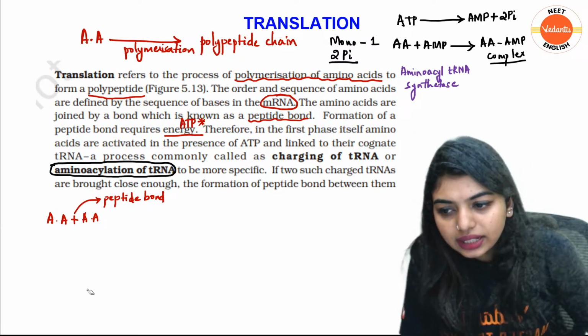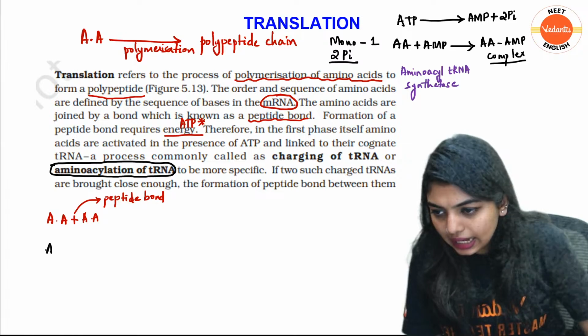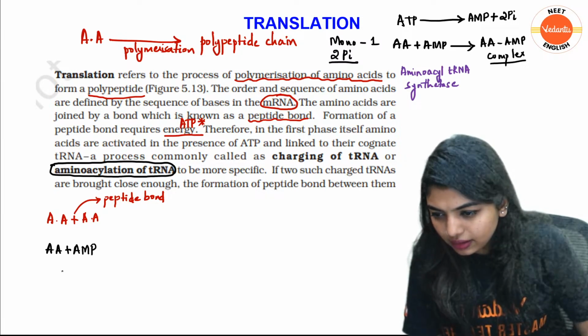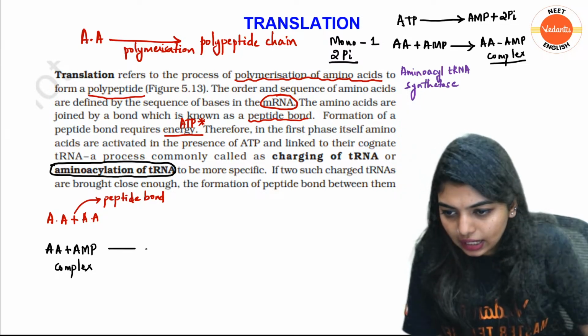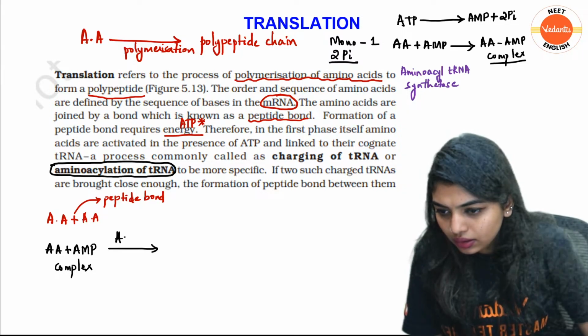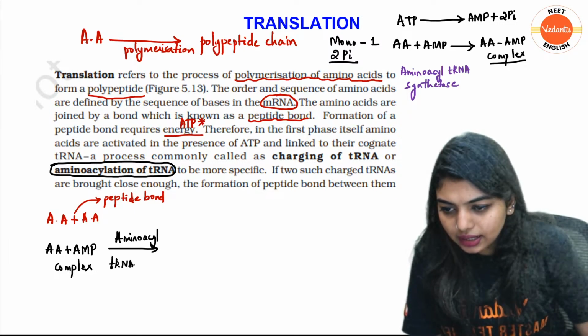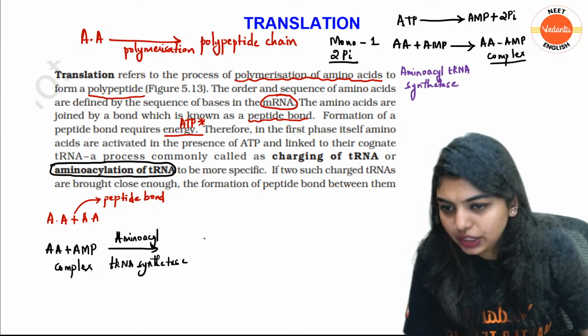I think only till there you will be able to see. Now I have to continue down. This AA-AMP complex, with the help of amino acyl tRNA synthetase, this entire enzyme, will get split into what?